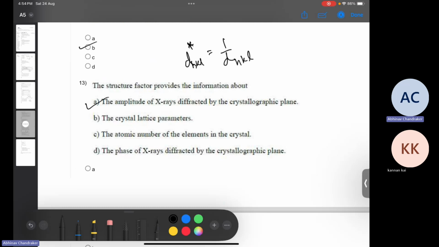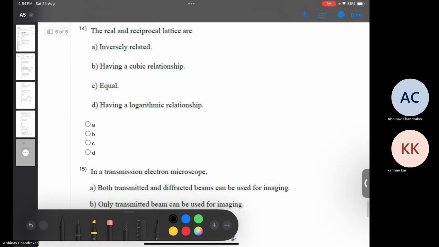The answer should be A. If you know the atomic scattering factor f, the atomic positions x y z, and the HKL plane for which you are considering the structure factor, then you can get the amplitude.